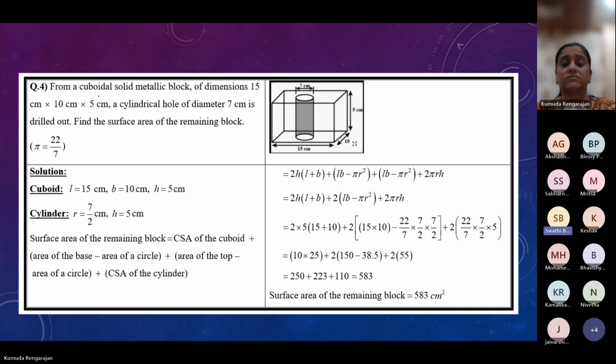So can we subtract the CSA of the cylinder from the TSA of the cuboid? The surfaces which make the total surface area of the cuboid do not include the curved surface area of the cylinder. The curved surface area of the cylinder is a different area.